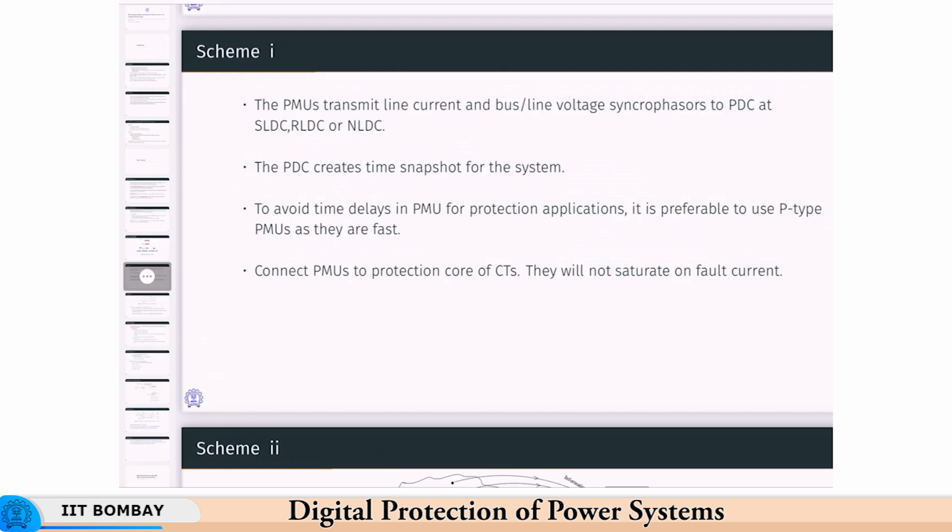Also, the PMU should preferably be connected to protection cores to avoid saturation. Since the time of operation is larger, there is a chance that the CTs could saturate. So, to avoid that, protection type CTs which can support a higher knee point are preferred.